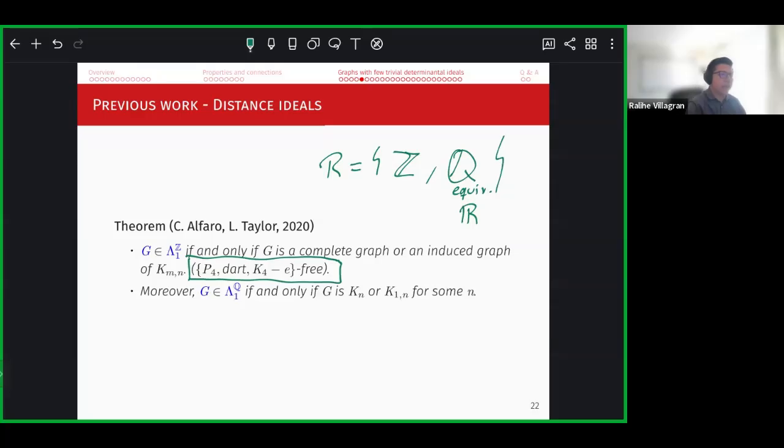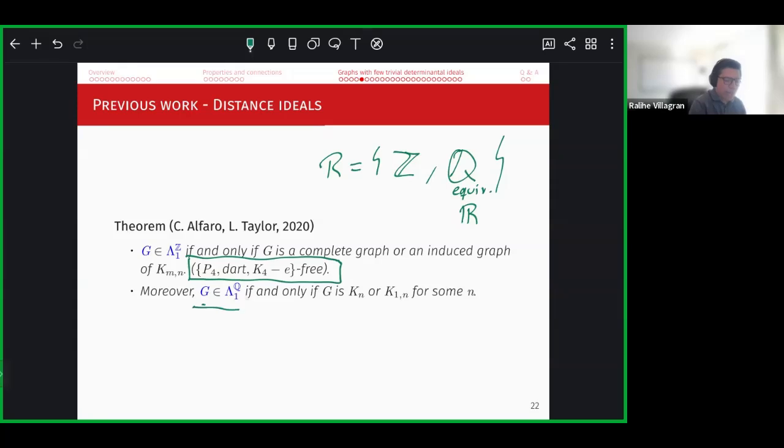The reason is that any coefficient that appears in these polynomials is an integer, because we are just taking the adjacency matrix, distance matrix, and so on. So in this case, rationals and reals are the same thing. If we use another type of matrix like the normalized Laplacian, then it's different to think about rationals or reals, right? But in this case, it's the same thing.